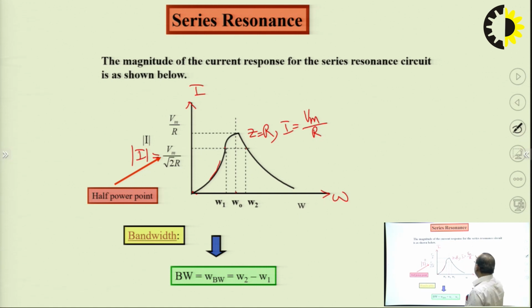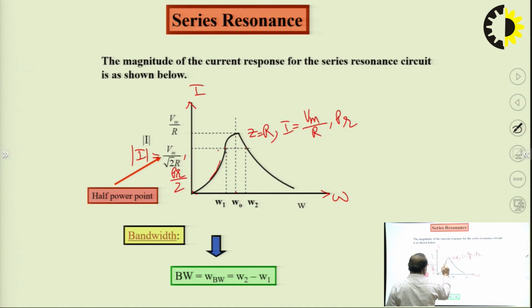So, suppose I write power PR at resonance, then the power here will become PR by 2 at this point and at this point. That is why these points are known as half power frequency points, since at these points power becomes half of the power at resonance.